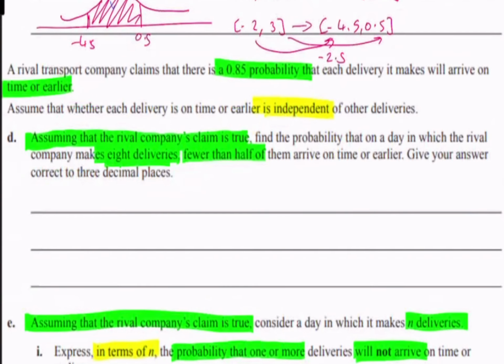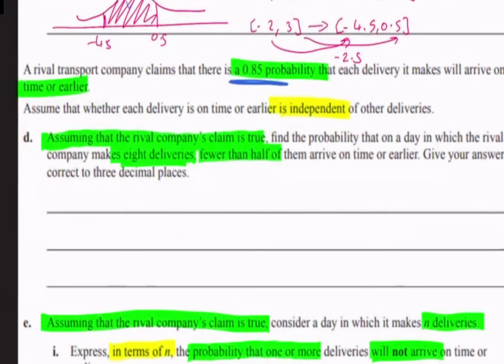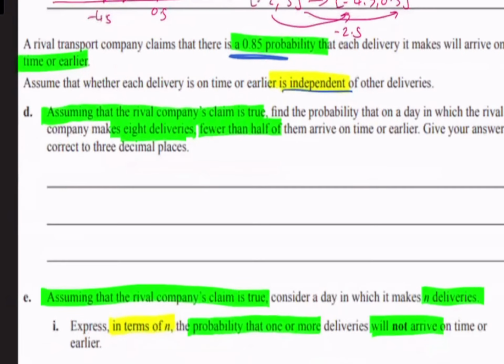So now they're changing the company. There's a rival company, and this is 0.85, the probability that things arrive on time or earlier. We have independence, and we're assuming that the claim is true. So find the probability that it makes 8 deliveries and fewer than half of them arrive on time or earlier.